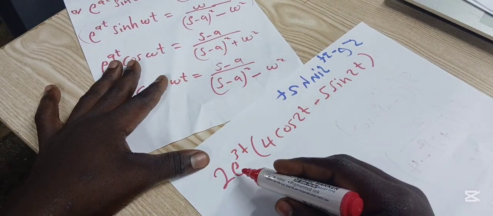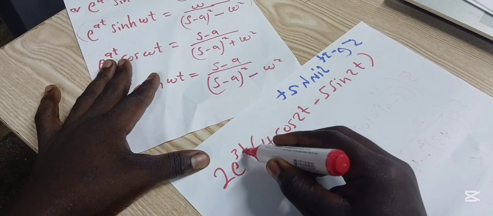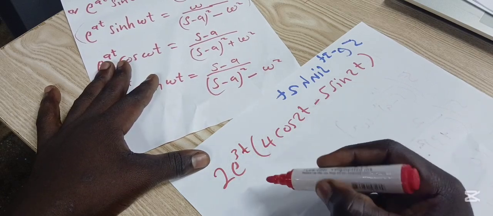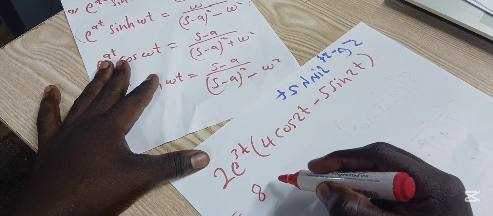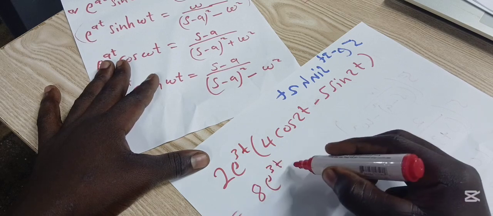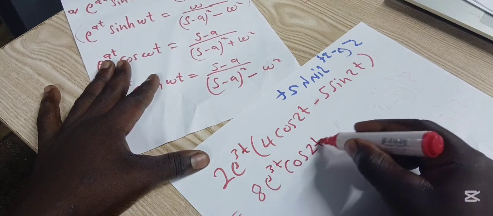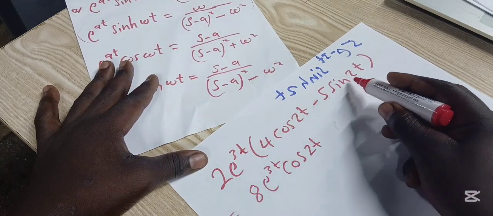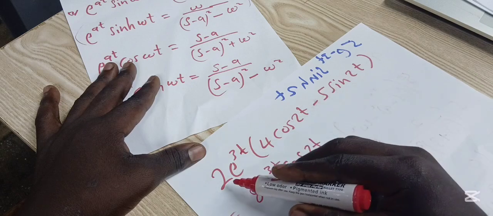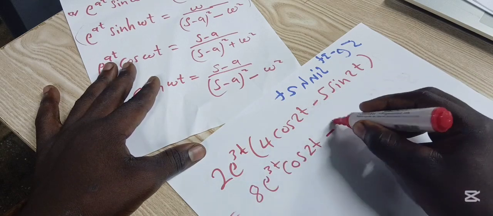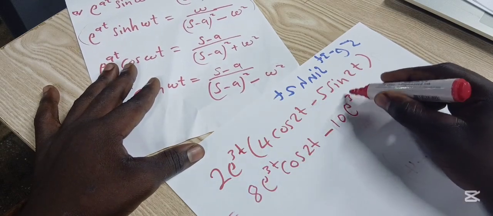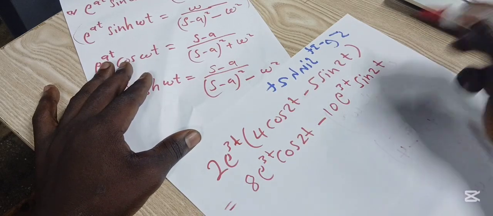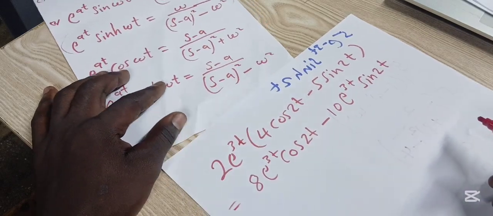So 2e to the power 3t by 4 cos 2t. 2 by 4 is going to give us 8, so we are going to get 8e to the power 3t cos 2t. Then 2e to the power 3t by minus 5 sine 2t. So 2 by minus 5 is going to give us negative 10 e to the power 3t sine 2t.